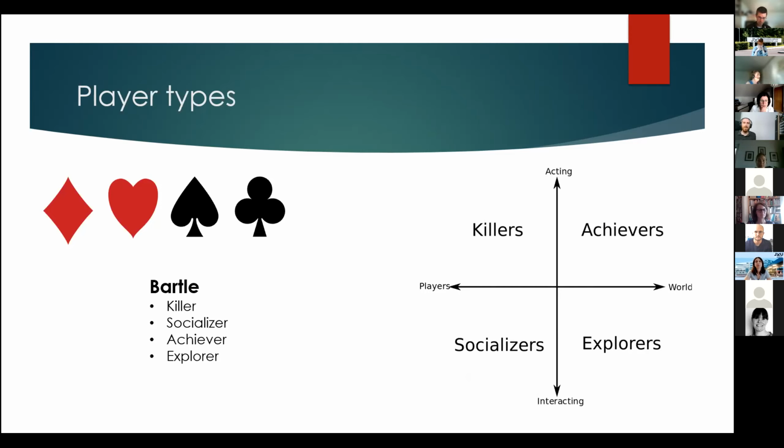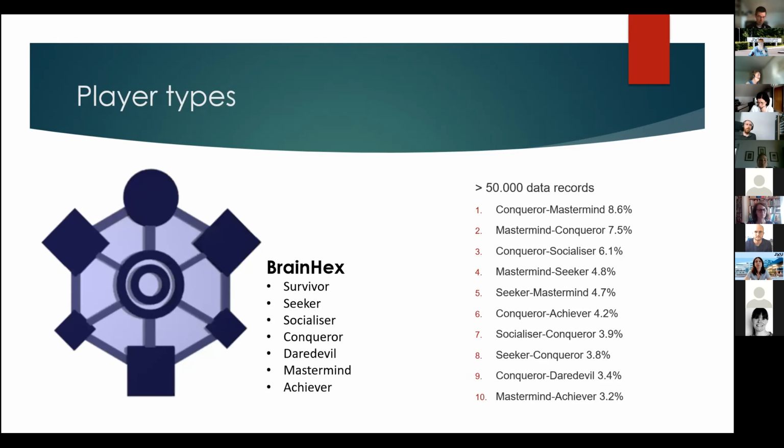With these 4 player types, Bartle made the foundation of a variety of different studies and different player types and classifications. In my PhD, I'm not using Bartle. I'm using BrainHex, the player types from BrainHex. There are 7 different archetypes, and it's based on an online questionnaire that was filled out more than 50,000 times.